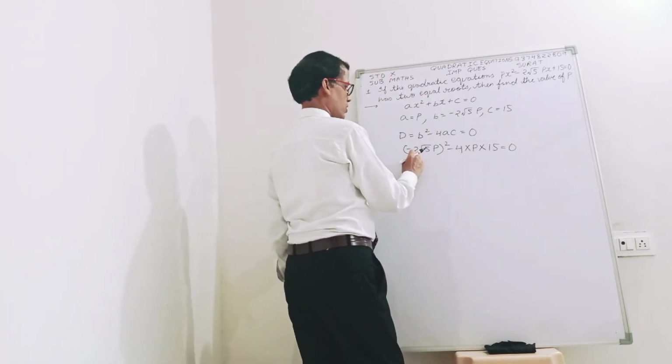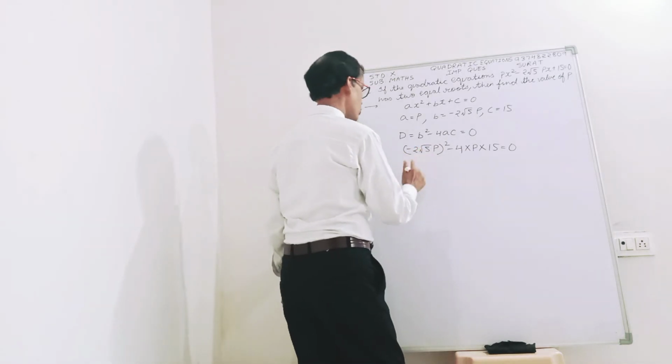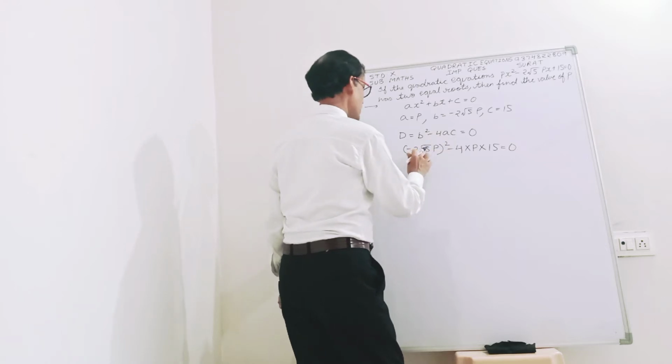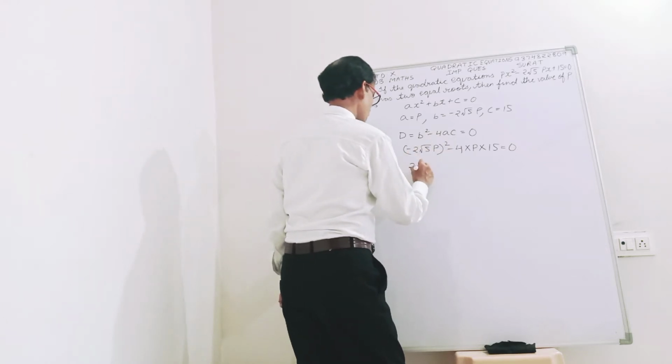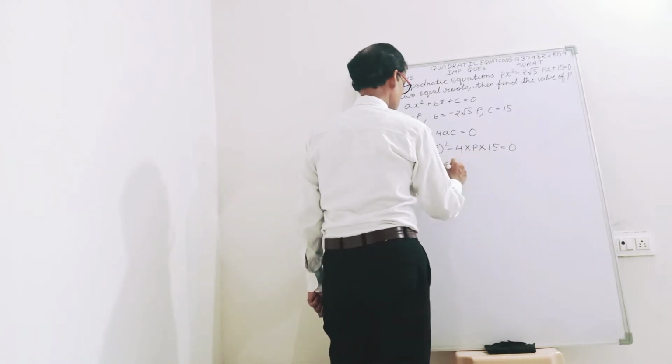Now do the square of this. 2 square is 4, root 5 square is 5, 4 5s are 20, minus, and the square gives the positive sign, so we get 20p square minus 15 4s are 60p.